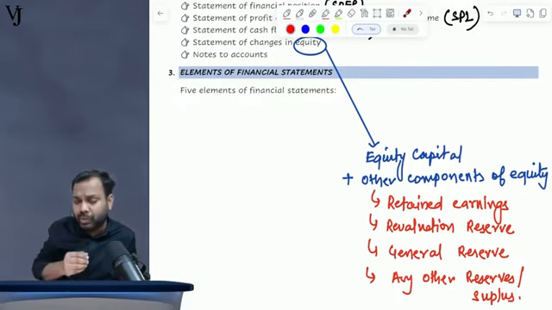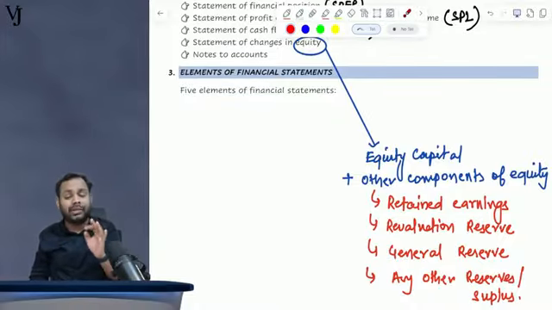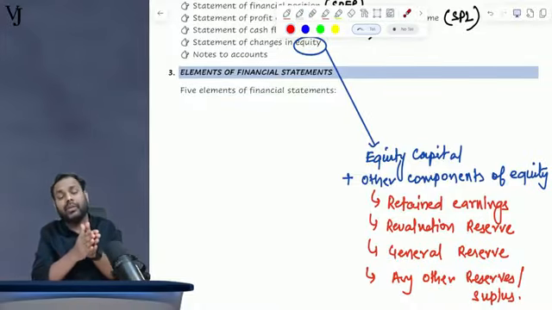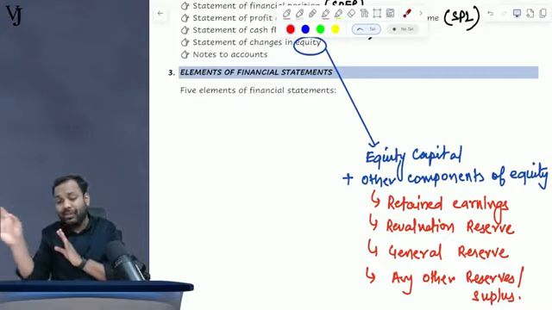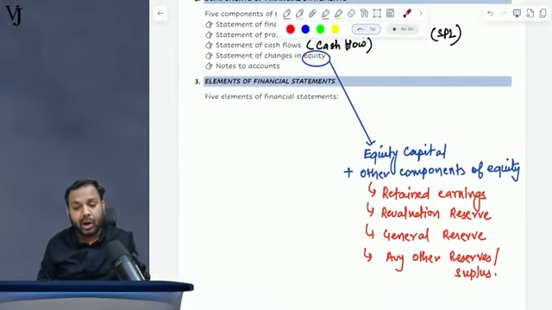The only thing I'll assume is you know the basic rules of debit and credit and the basic journal entries. Rest everything I am going to teach from the very scratch. All these things will be discussed in our class subsequently in depth. Today we are just becoming familiar with the terms, that's all.